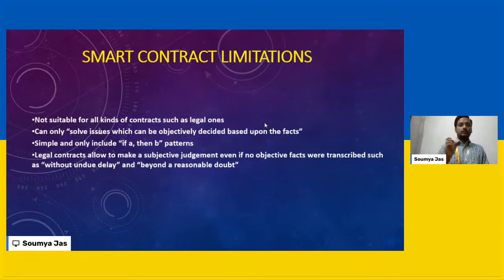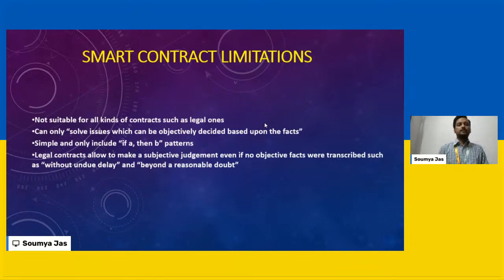And the limitation that resides in the smart contract is that it is not suitable for all kinds of contracts, such as legal ones. It can only solve issues that can be objectively decided based upon facts, and only includes simple if-then patterns.